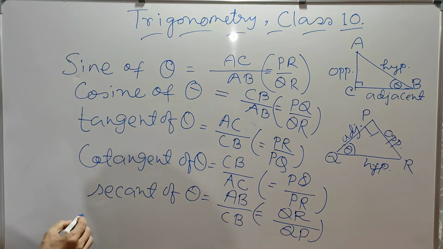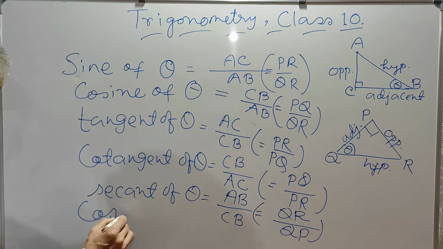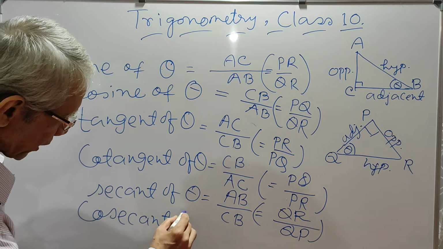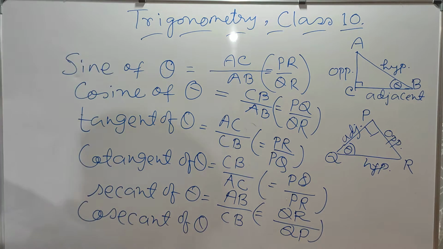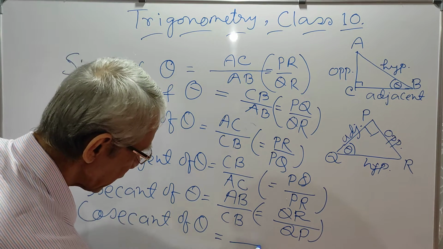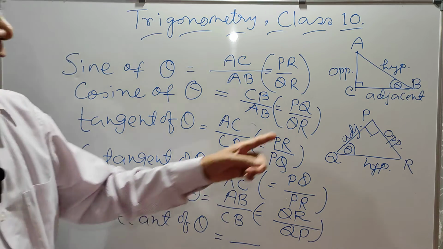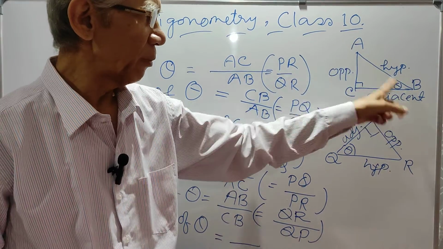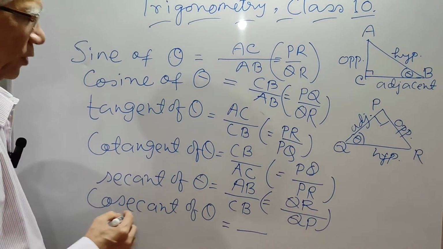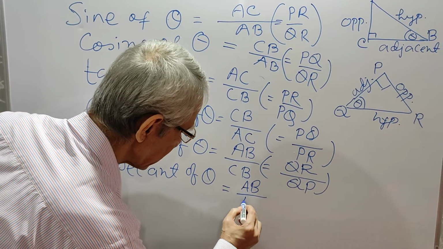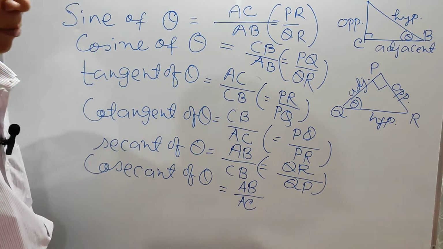At last remains cosecant. Cosecant of angle theta. Which ratio is it? Hypotenuse by opposite. That means AB by AC.